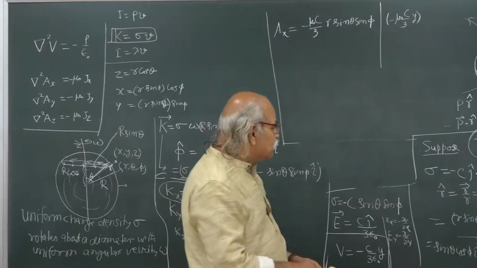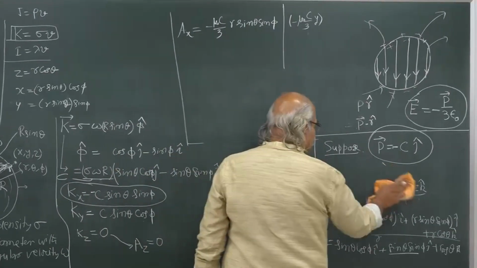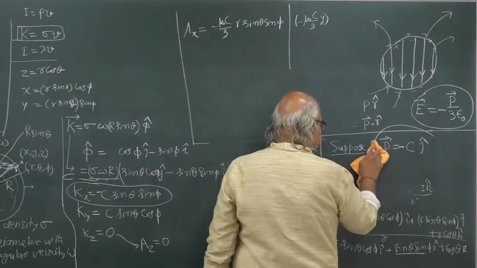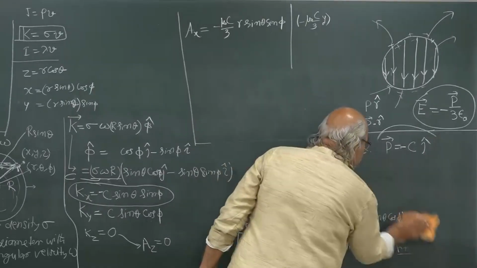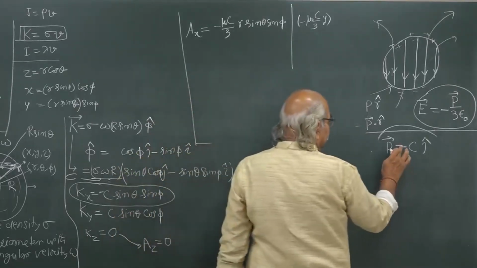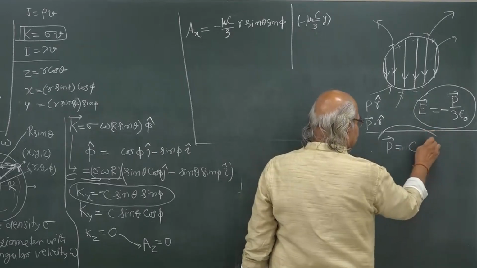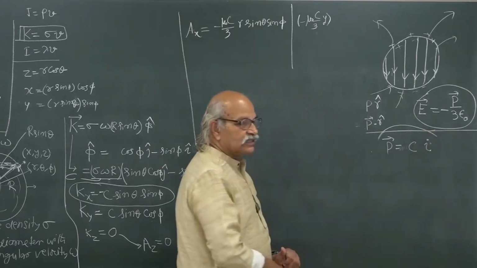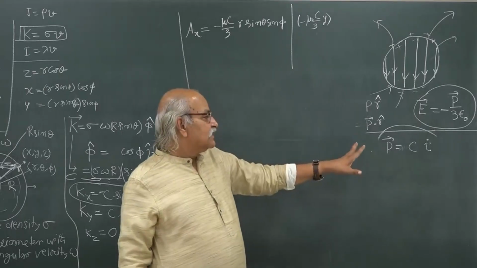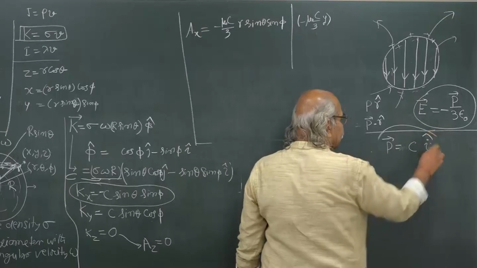The only thing we have to do is to take the polarization P in the i cap direction. Okay, so if we take P in the i cap direction, c i cap, we have a dielectric sphere with uniform polarization c i cap.